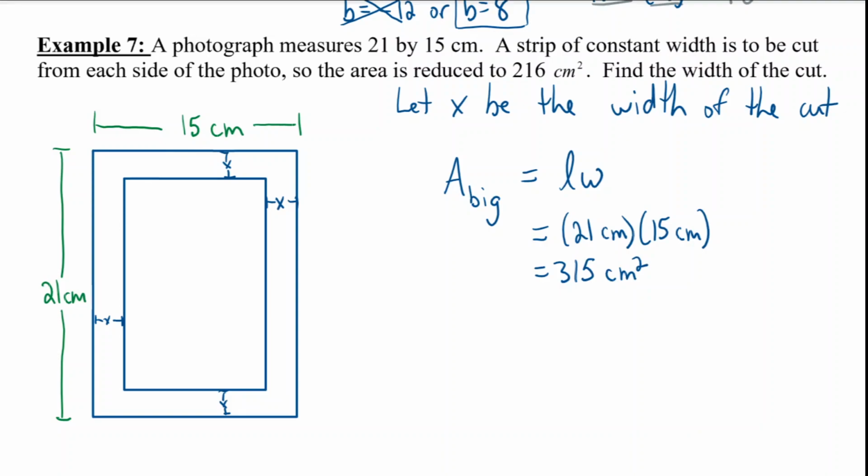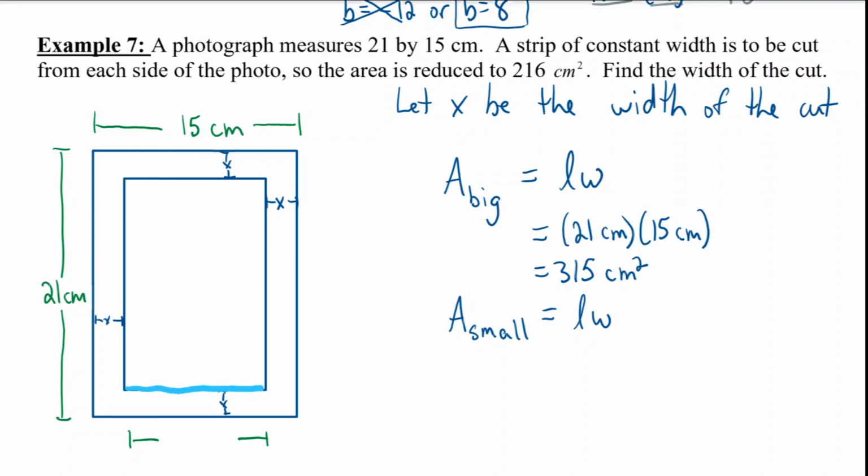And then let's figure out what this area of this small rectangle is. Once again, it's going to be length times width, but it's not 21 by 15 anymore. Now it's going to be, well, let's figure it out. Let's figure out what this new width is from here to here, right? We're trying to figure out what this width right here is.